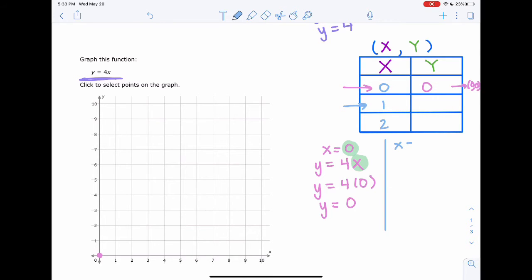When x equals 1, once again, I'm substituting into that same equation up here. y equals 4 parentheses 1 because x now equals 1. Okay, so 4 times 1 is 4. So when x equals 1, we get that y equals 4.